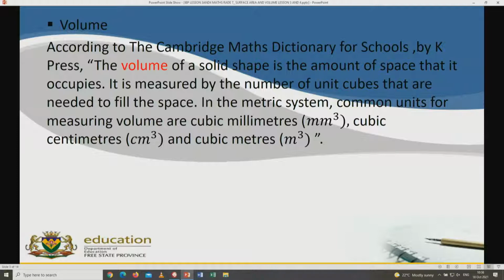Once more, grade 7s, let us not rush this one. It's very, very important, the volume. According to this math dictionary, the volume of a solid shape is the amount of space that it occupies, and it is measured by the number of units that are needed to fill the space. In the metric system, the common units used for measuring the volume are cubic millimeters, cubic centimeters, and also cubic meters.